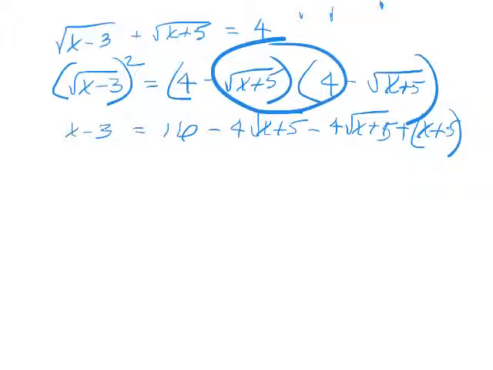So let's combine like terms. x minus 3 equals 16 minus 8 square root of x plus 5 plus x plus 5.